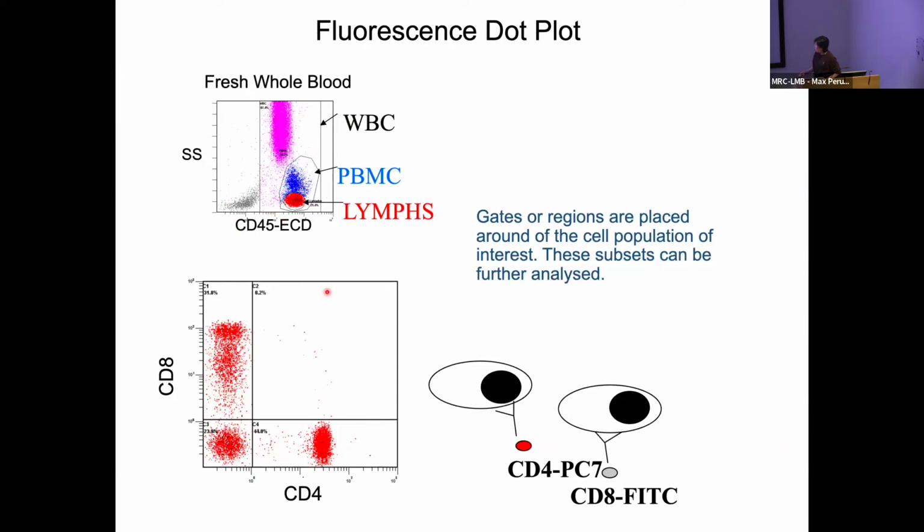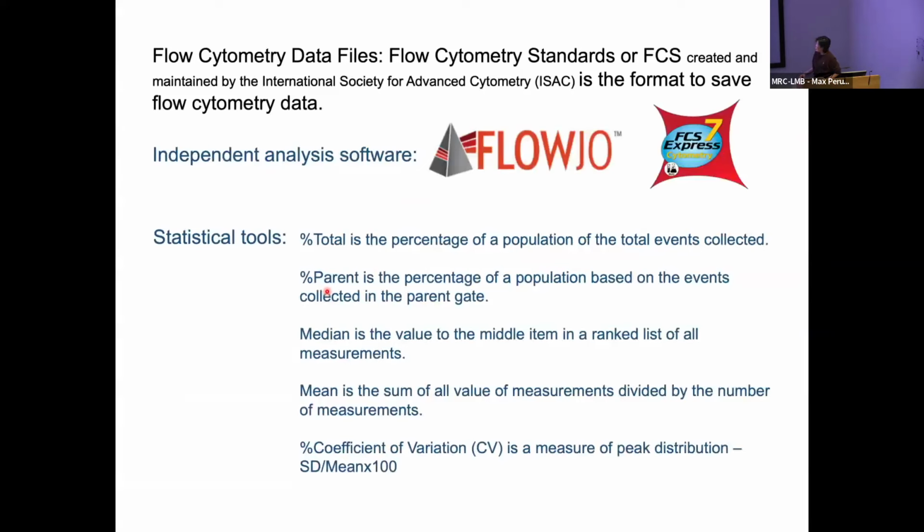All flow cytometry data comes and is stored as FCS files. So these FCS raw files can be read by third-party analysis software, FlowJo and FCS Express 7. We have a site license for FlowJo. If you want to analyze flow cytometry data, please contact me.